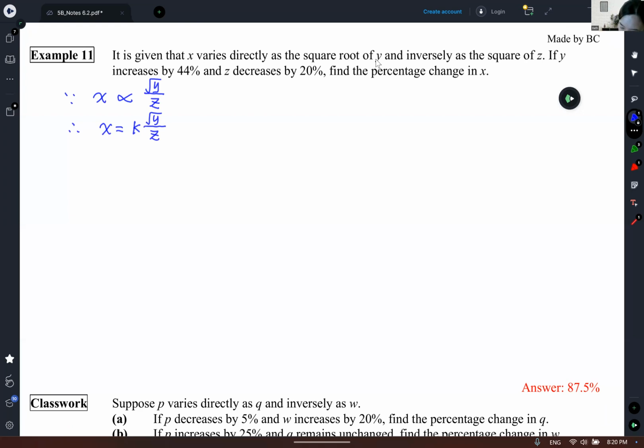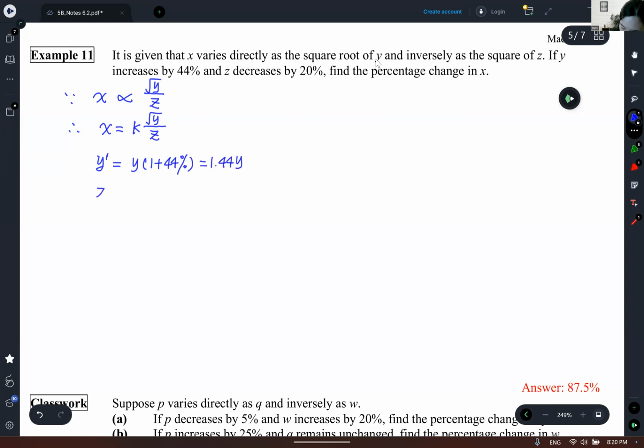So I have a new y, that's y prime, equal 1 plus 44%. That is 1.44y. The other one is z prime equal z times 1 minus 20%. That is 0.8z. And then I will have a new x. In this case, it's k times square root 1.44y divided by 0.8z. And in this case, the calculator.